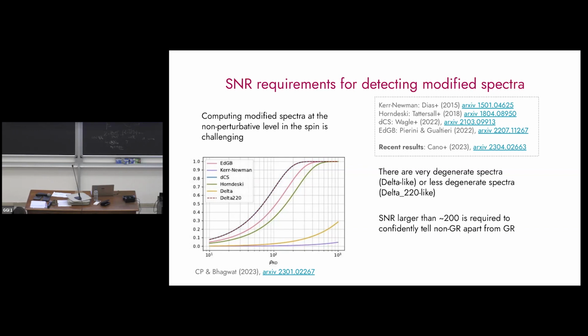This paper that came out recently by Lorenzo Pierini and Leonardo Gualtieri is the first example in which they do a second order perturbation in the spin. In all the other cases, you only have a first order perturbation in the spin, which is very far from a realistic situation, because in a realistic situation, you will have remnants that have spins of the order 0.7, 0.8, 0.6.